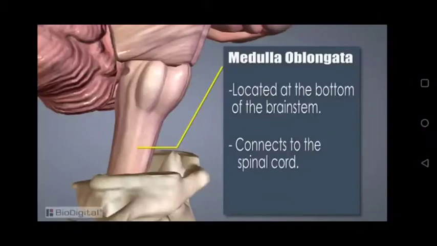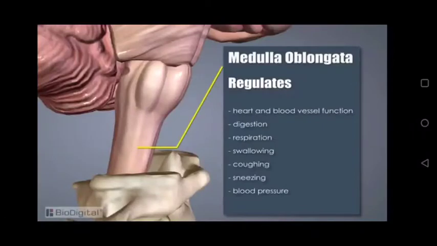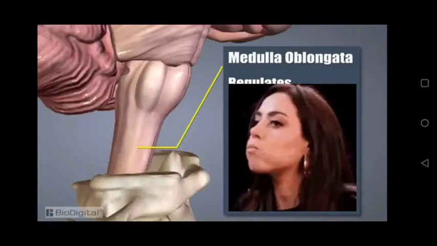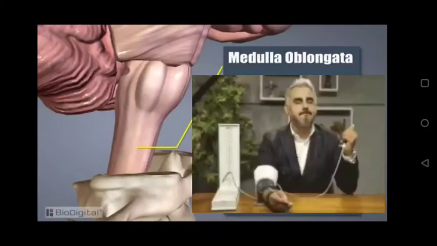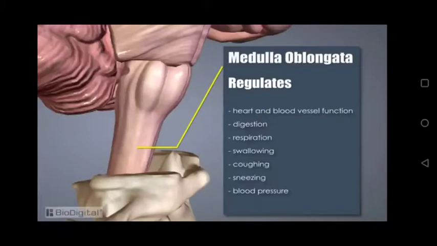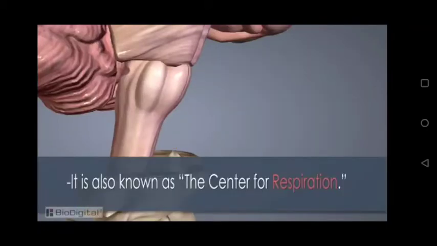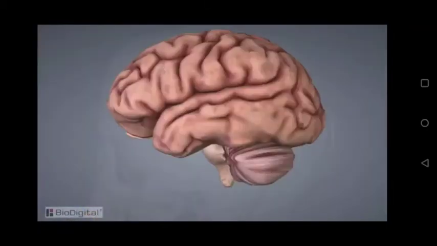It is the lowest part of the brain stem, and it connects with the spinal cord and is responsible for regulating heartbeats, blood vessels, digestion, respiration, swallowing, coughing, sneezing, and blood pressure. It is also known as the center for respiration.